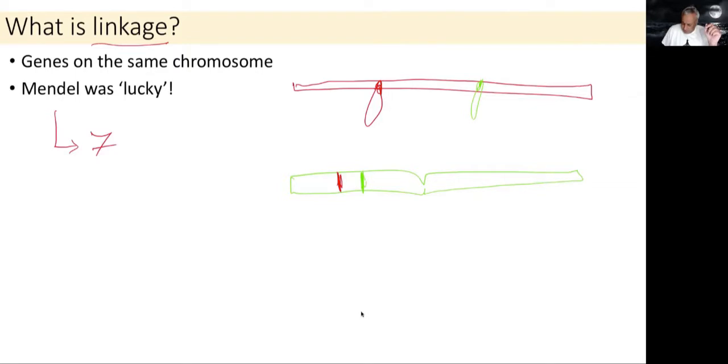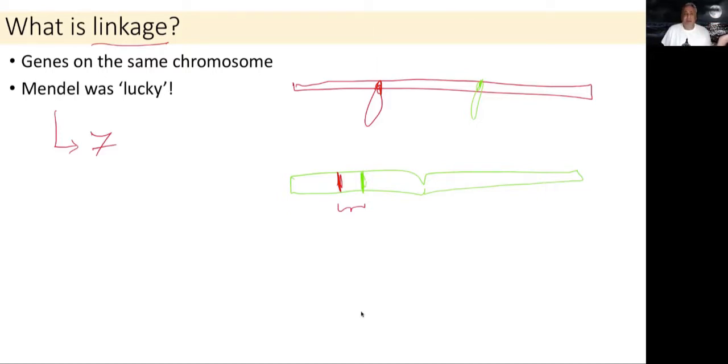So the distance between 2 genes is important in linkage, because during meiosis, something strange happens with the chromosomes. They get cut and pasted with partner chromosomes. So we call that crossover or crossing over.